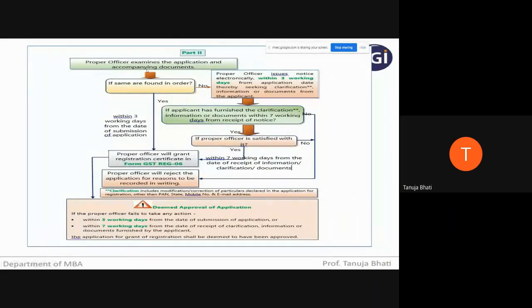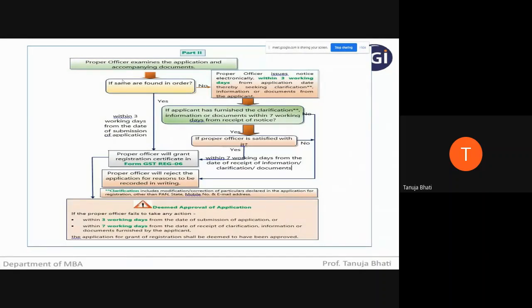So once again, I repeat this. The proper officer will go through the documents. If he's finding it in order, within 3 days he's going to give the GST registration certificate. If not, he will ask for clarification from the applicant, who should respond within 7 days. If the applicant responds within 7 days and the proper officer is satisfied, he will grant the GST registration certificate within 7 days.